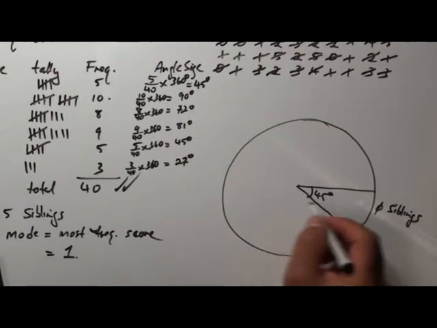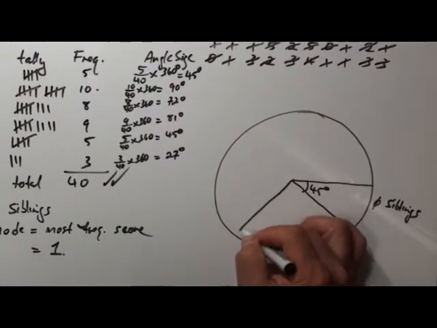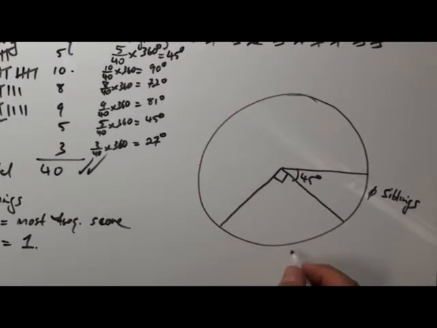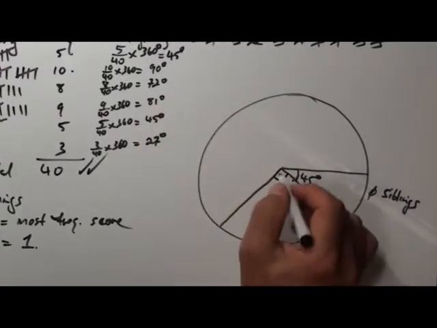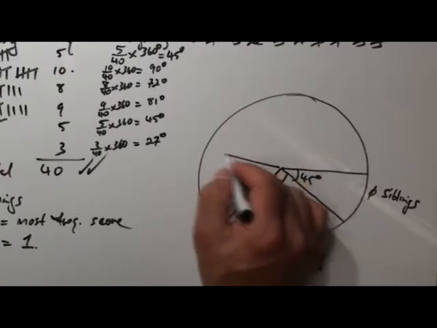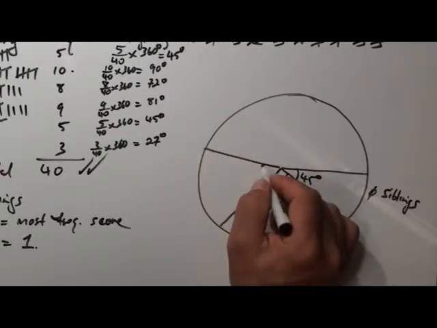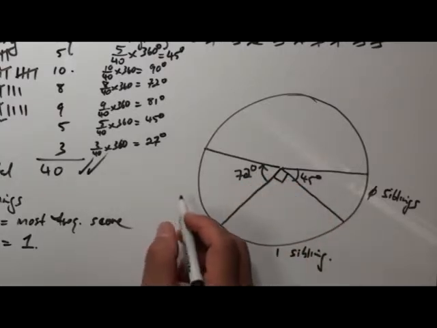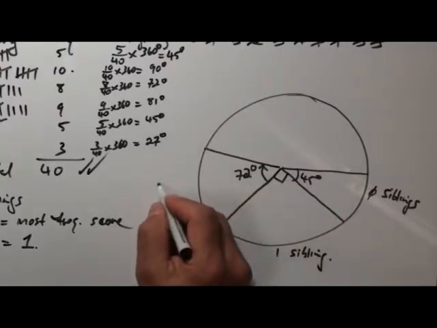The next will be 90 degrees, and this will be for 1 sibling. Then 72 degrees, and normally you would show the degrees, and this is for 2 siblings.